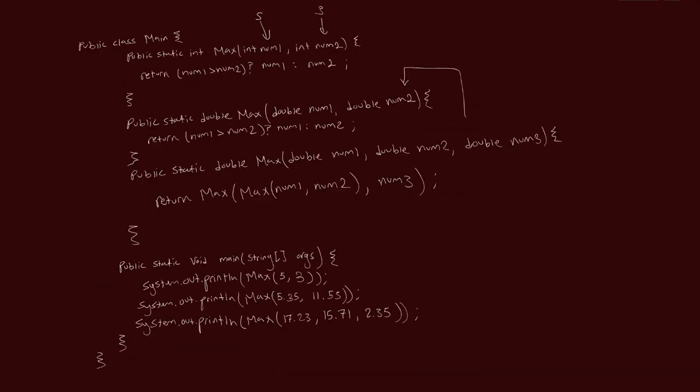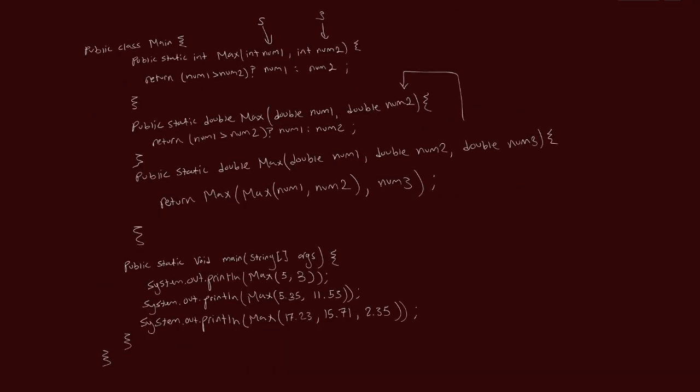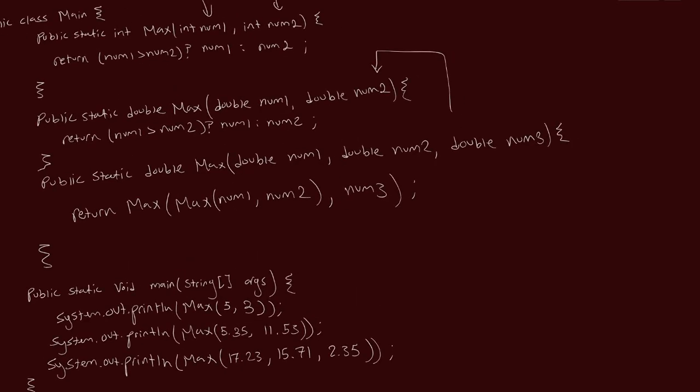Okay, so num1 is going to be represented by 17.53 because of this here. Num2 is going to be represented by 15.71 because of this, and num3 is going to be represented by 2.35.